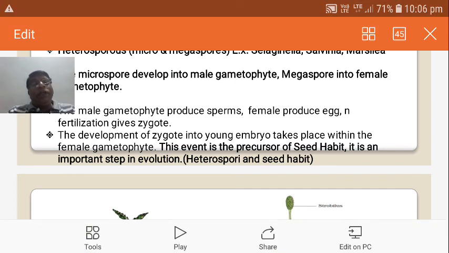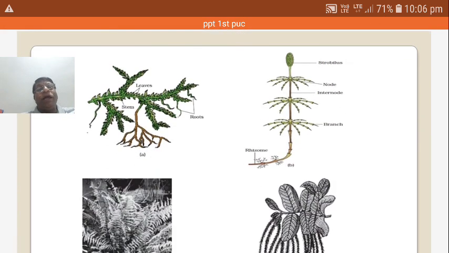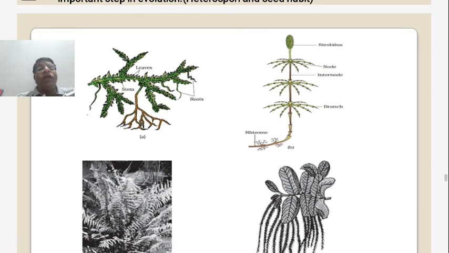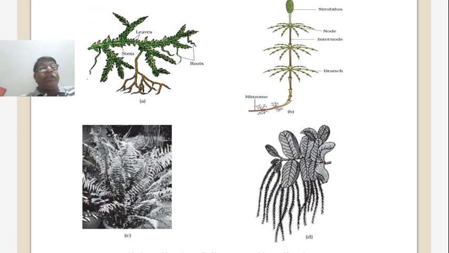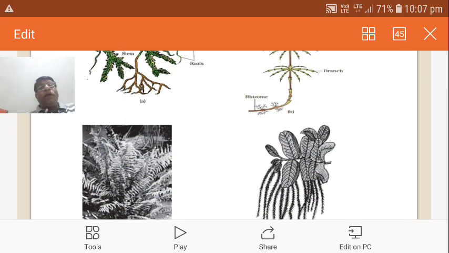Okay. See the diagrams of Selaginella. These diagrams are the textbook diagrams, NCERT book diagrams. First one is Selaginella. Second is Equisetum, commonly known as horsetail. This is called Selaginella and Lycopodium, called club mosses. And this plant, Nephrolepis, is a fern.